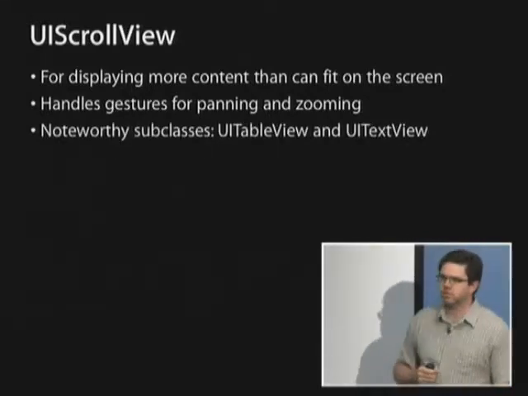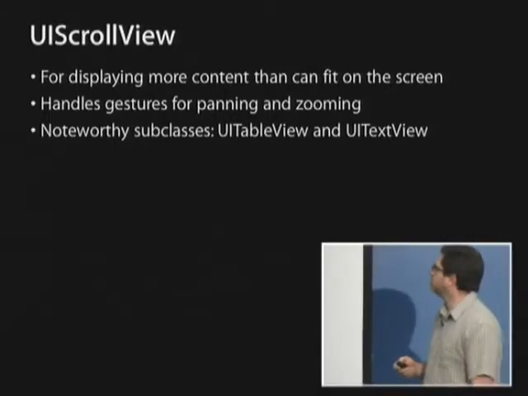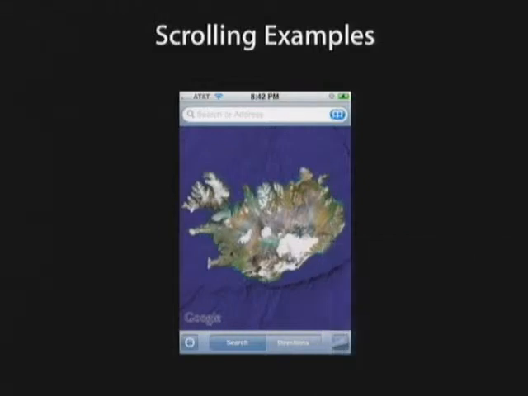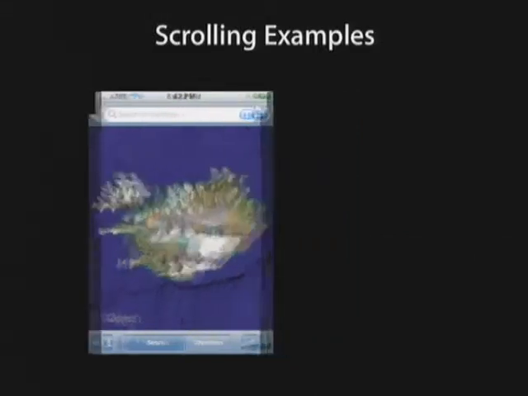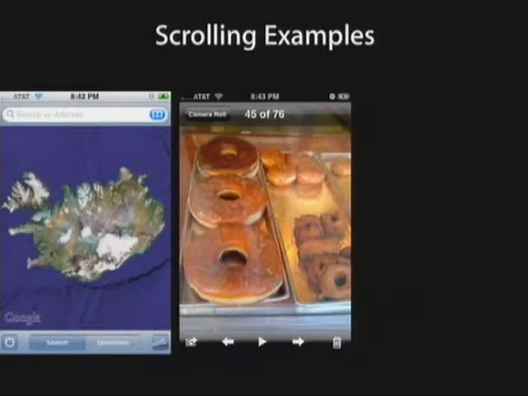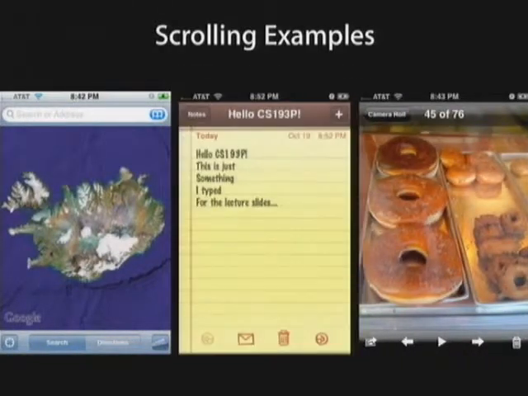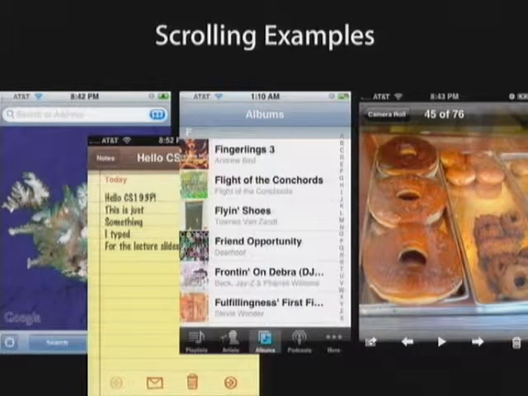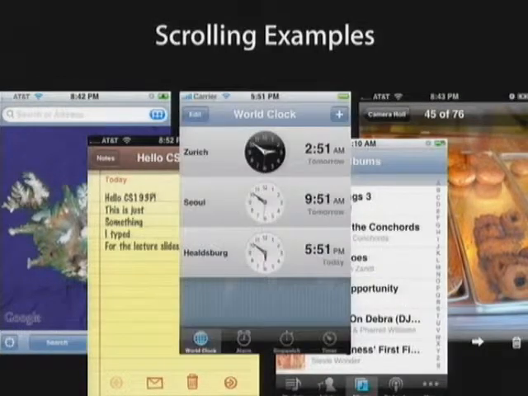We also have text view, which is another subclass of that. So here are a few examples. The Maps application uses one of those to let you scroll around the map and zoom in and out. The Photos application, same idea. And the Notes application lets you scroll up and down within the content. Here are a couple of table view examples, one from the iPod app and also from the World Clock.